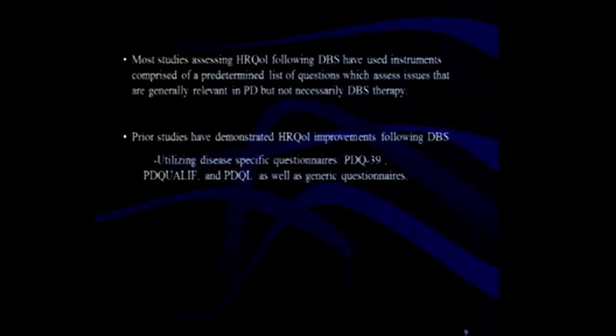When you look at the studies that have been done with quality of life and STN-DBS, most of them have used disease-specific questionnaires, and I'll go over a few of them, in combination with or using generic questionnaires. But they don't really assess what's important from a DBS standpoint.